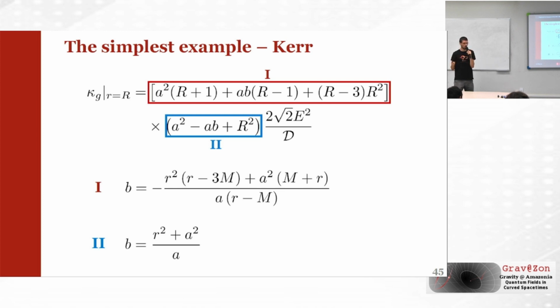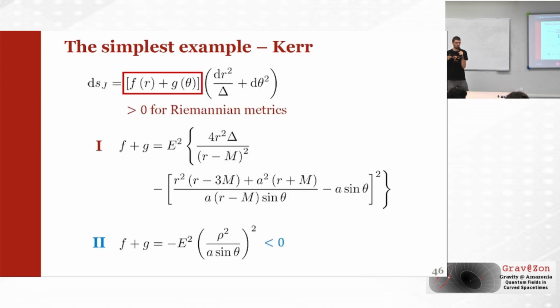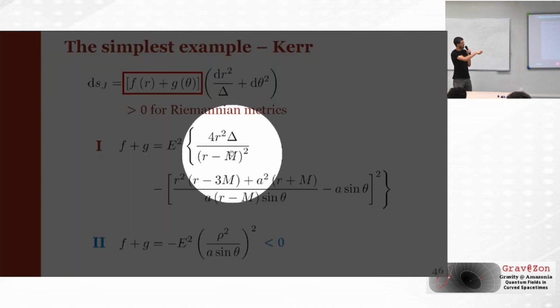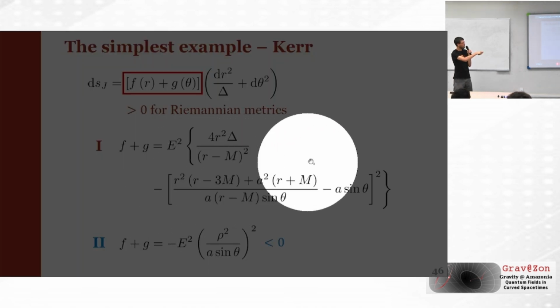What we want now is for the metric to be Riemannian, and this Riemannian character of the metric will be determined by the conformal factor. So we insert the solutions into this conformal factor, and what we see is that the second class will always be negative. So these metrics will always be non-Riemannian, so they are unphysical. And we see that the first class has this expression here, which can be either positive or negative.